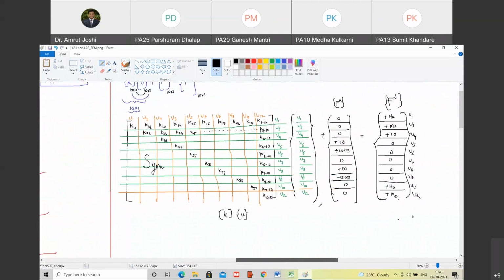So in this equation, what are the known quantities? u1 is known, u3 is known, u10 is known, and u12 is known. What do we know about them? u1 is equal to u3 is equal to u10 is equal to u12 is equal to 0. Do you agree with me? Yes, sir. Because it is a fixed support.